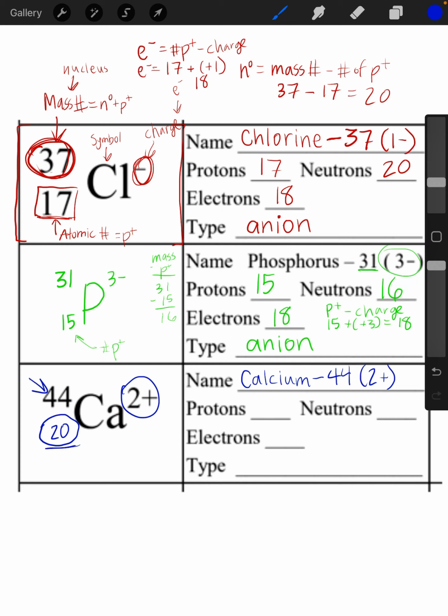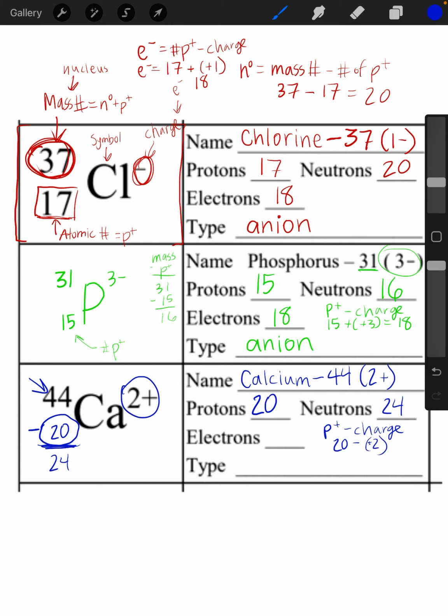Okay, our atomic number is 20. That's our identity, essentially. So we have 20 protons. The neutrons, look, they even set it up like a cute little math problem for us. 44 minus 20 is going to equal 24 neutrons. And then our electrons is going to be protons minus charge. So 20 protons minus a +2 charge.